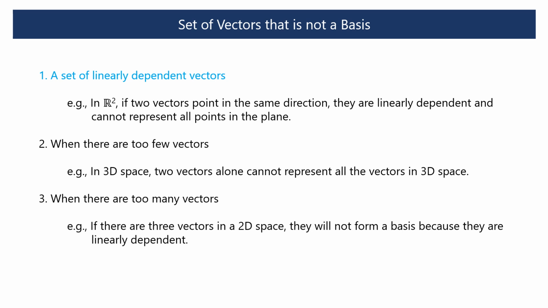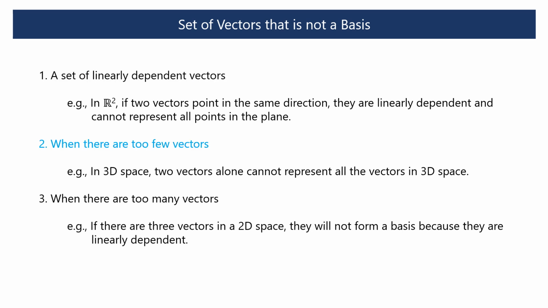First, a set of linearly dependent vectors cannot be a basis. For example, in a two-dimensional space, if two vectors point in the same direction, they are linearly dependent and cannot represent all points in the plane. In such a case, the set cannot be a basis.